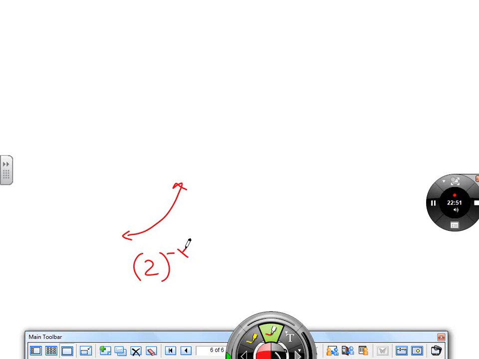So think about if you applied this to your function. Would it flip around vertically, like on the axis? Well, this would flip it horizontally. So putting a negative in the exponent doesn't flip it from up to down. It flips it from left to right, okay? Or right to left. Okay. Julia?